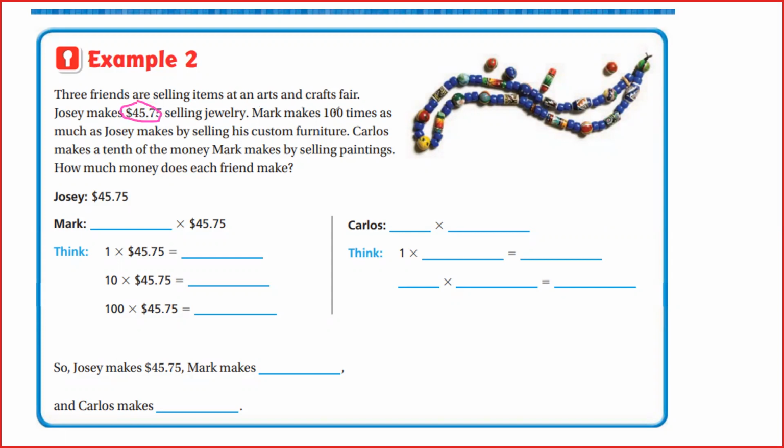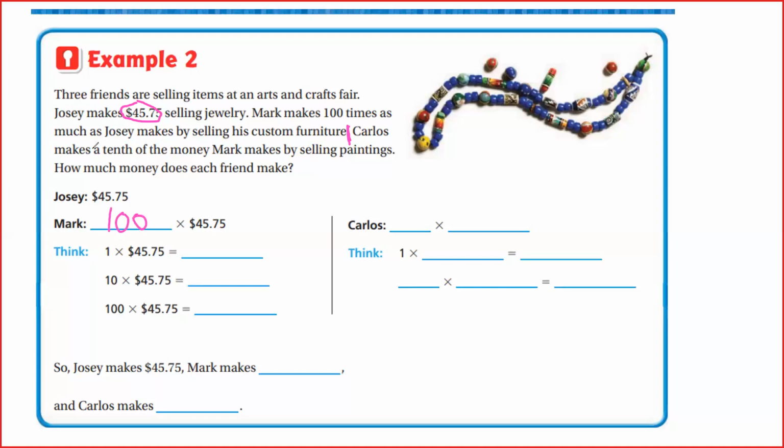Mark makes 100 times as much as Josie makes by selling custom furniture. So I will stop here now. Then I will continue. Now, Josie makes 45.75. But Mark makes 100 times what Josie made.